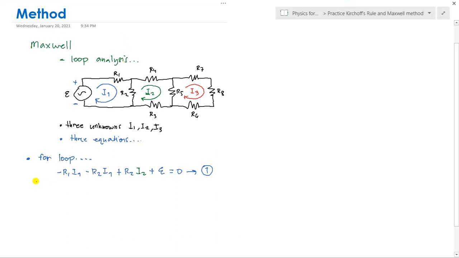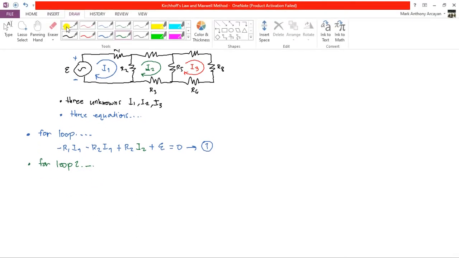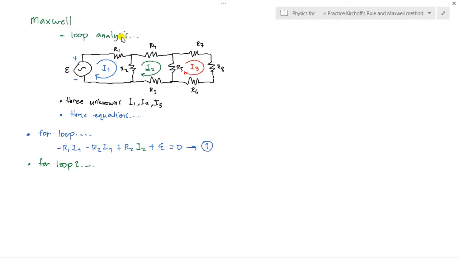So ngadto na ta sa loop number 2. So for loop 2, naa tay upat ka resistor. Let's start with R4. So again, ang direction nato diri sa current si I2. So pag-pass ni I2 ni R4, automatic voltage drop normally. That is negative R4 I2. Then ni-pass na siya ni R5.